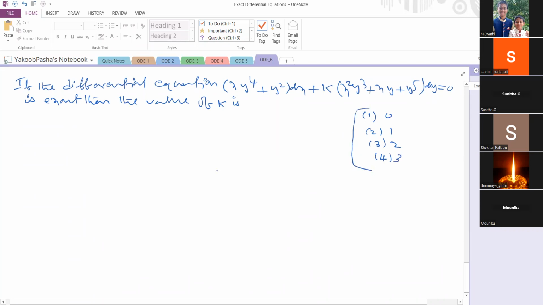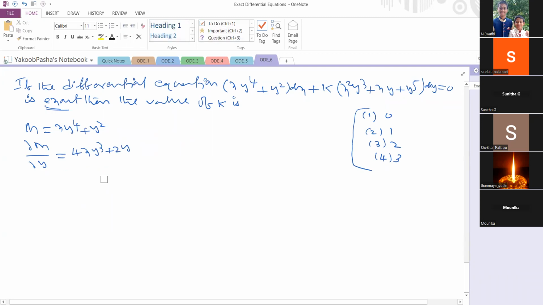Now we are given exact, so we have to equate dou m by dou y and dou n by dou x. From that we can find the k value. First I am writing m, that is x y power 4 plus y square, and dou m by dou y is equal to 4xy cube plus 2y. No need to take common.